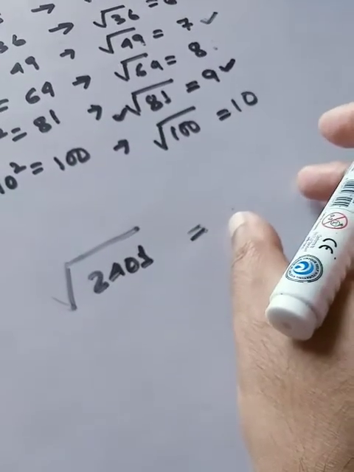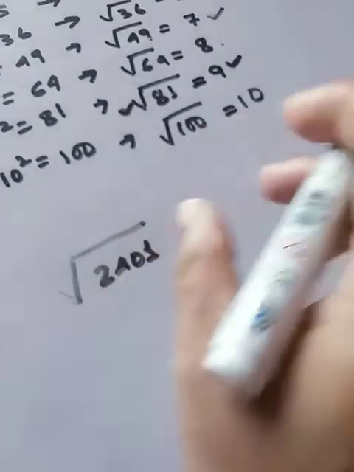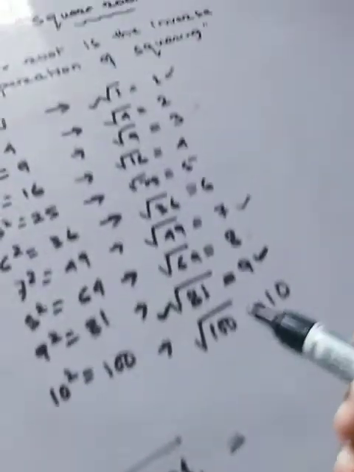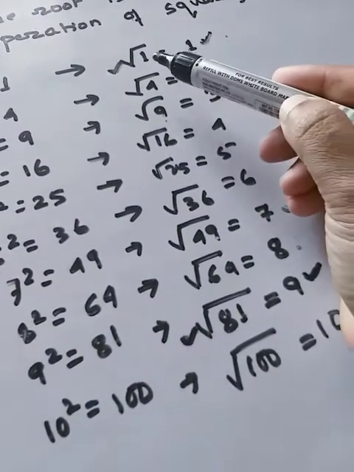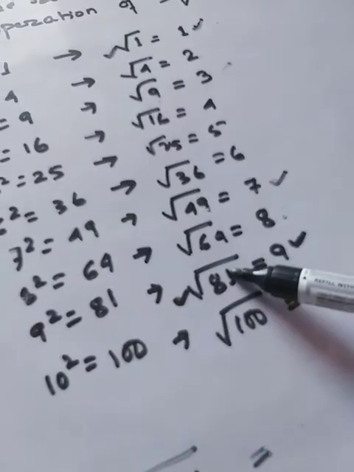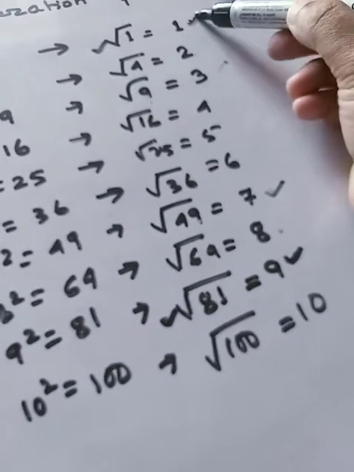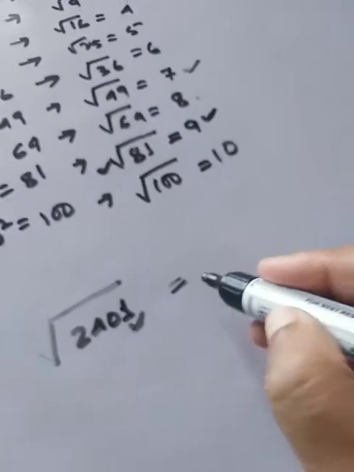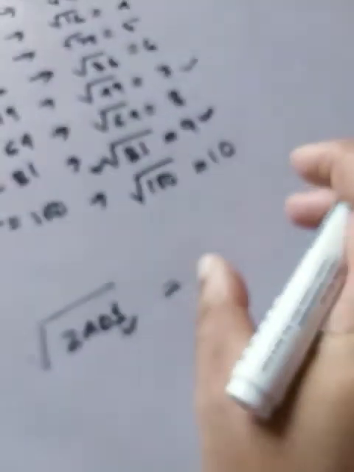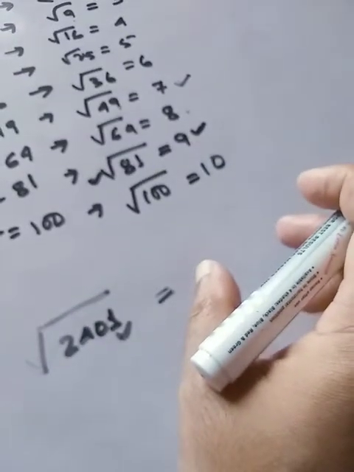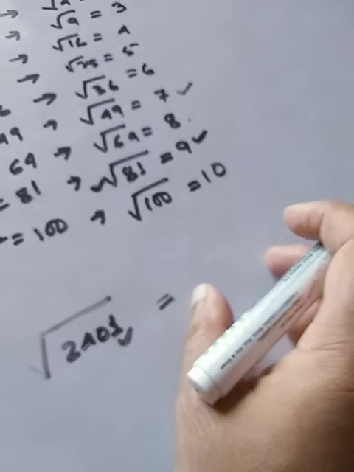What would be the unit digit of this square root? So you see that this number is carrying 1 as a unit digit. So what we have discussed, that any number which carries 1 as a unit digit, the square root of that number could end up with a ones digit as 1 or 9.